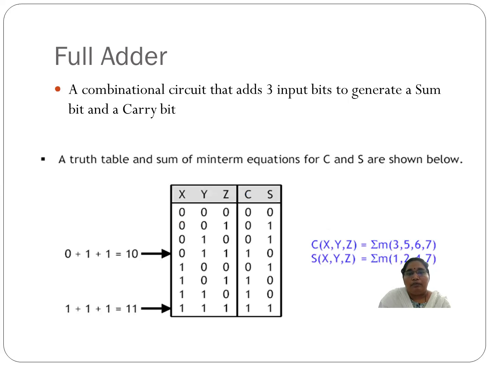Hence we write this equation: carry is a function of the 3 variables X, Y and Z, and it becomes 1 only when this 3-variable function is equivalent to 3, 5, 6 and 7. Similarly, sum is also a 3-variable function of X, Y, Z, and it becomes 1 for the min terms 1, 2, 4 and 7. That is what we are seeing here.